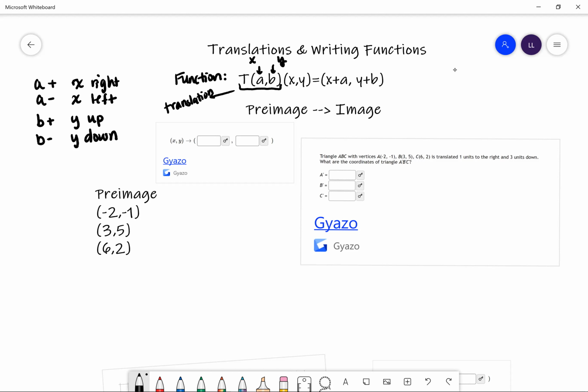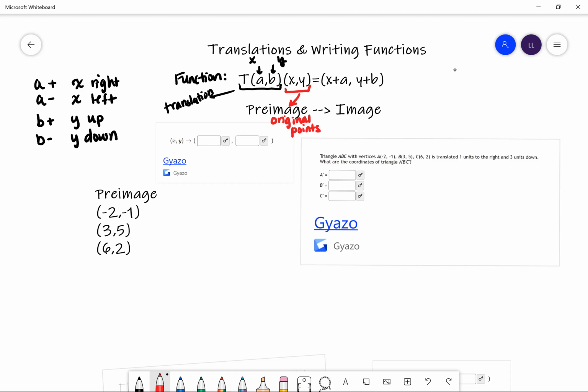Okay? So the other part that I want to bring out to you is this part right here of the function, what we call the pre-image. It's the original points. Okay? The original points are what we also call the domain, the input, because remember we said this is a function. So if it's a function, that means we have a domain and a range.